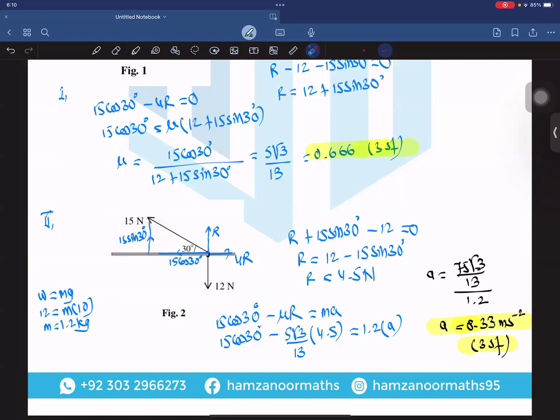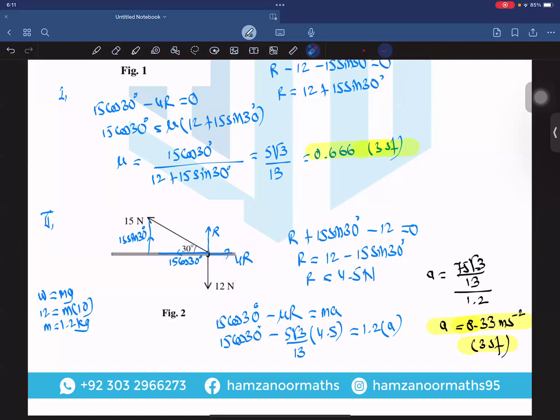So I'm going to say that R plus 15 sine 30 minus 12 is equal to 0. So R is equal to 4.5 Newtons. This is an exact value of R. And then I'm going to say that 15 cos 30 minus mu R will be equal to mass times acceleration, because 15 cos 30 is pulling this ring towards the left, and now the ring is accelerating, and mu R is in the opposite path because friction would have its maximum value again.